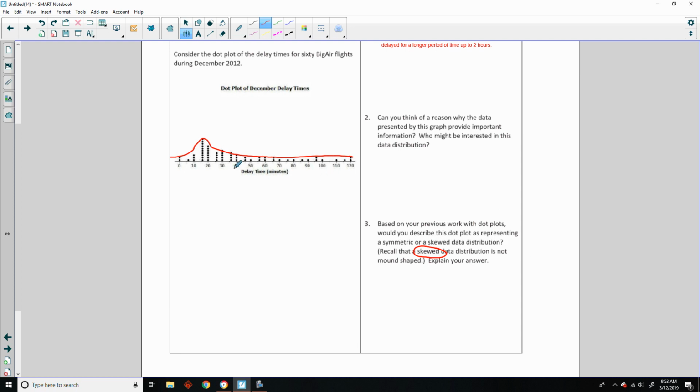And that's your explanation. You would say because a lot of data trails off, there is a tail to the right. Okay, so I will type that in.